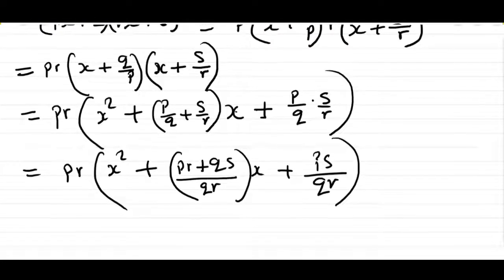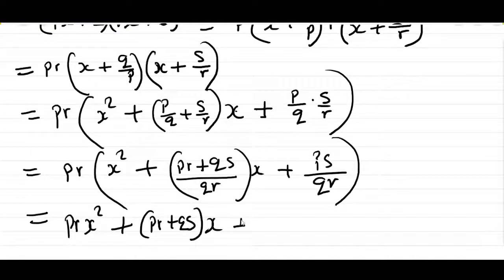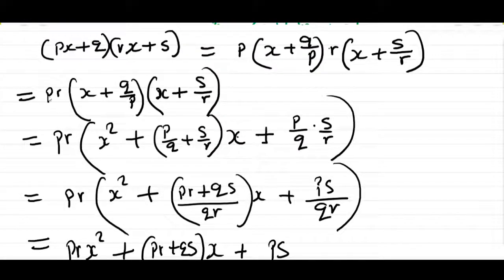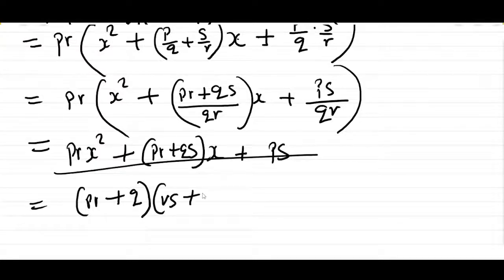If we distribute this out, we have pr x squared plus the pr here, we cancel the pr to get pr plus qs times x, plus then pr cancels pr, we get qs. So if we expand this expression, px plus q times rx plus s, it will be something like this. It is equal to pr x squared plus ps plus qr times x plus qs.